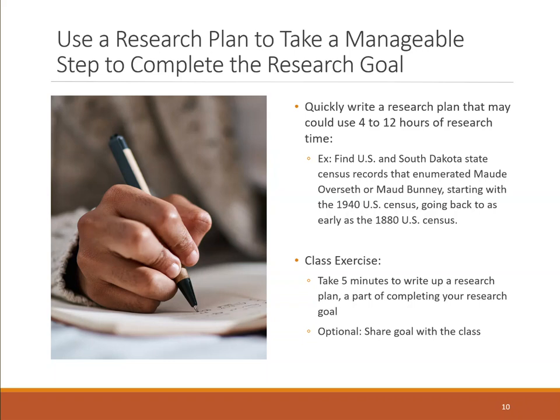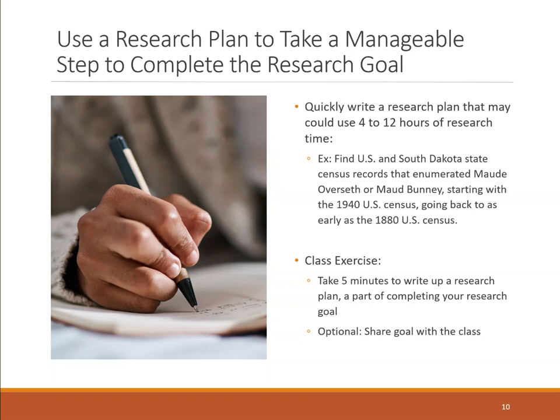Then you write a plan. And each goal might have many research plans. These are shorter time frames. It might be only 4 to 12 hours of research time. For instance, for Maud Overseth, we're trying to understand who she is and make sure we have the right Maud Overseth.